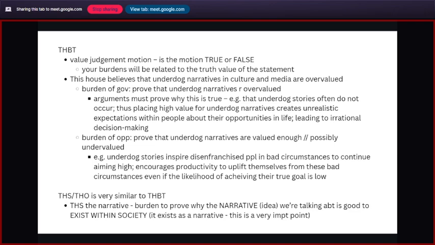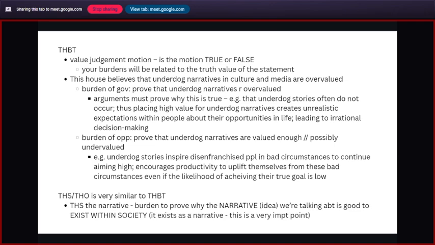Because they're not just saying this house believes that hard work is necessary for success. If they just wanted you to prove that that is true, they would put it as a this house believes that motion. But rather, they're phrasing it as this house supports the narrative that hard work is necessary for success. So what they want you to argue is not only to prove that hard work is necessary for success, but to argue why it is good for people to believe that hard work is necessary for success.